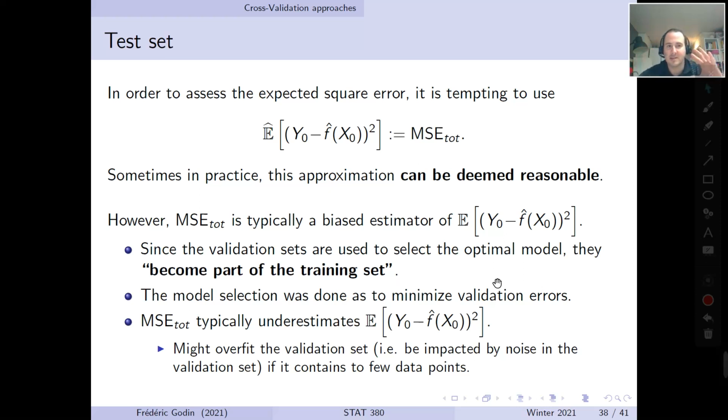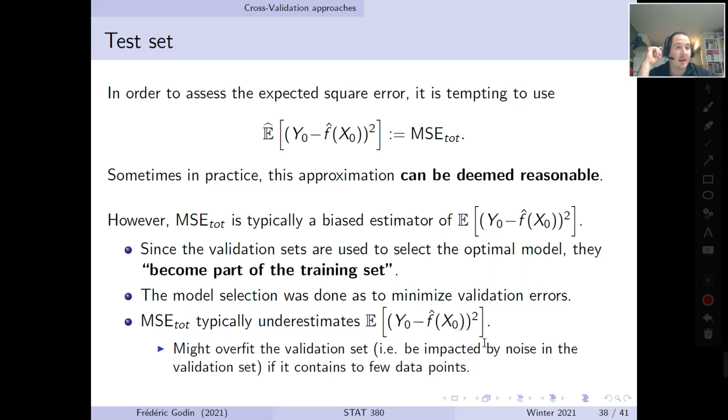So please take some time to think about this, because now it becomes a bit abstract. The MSE total typically underestimates the expected mean square error for a totally new observation, because your estimated optimal parameter k could be slightly incorrect due to some noise in the validation set.